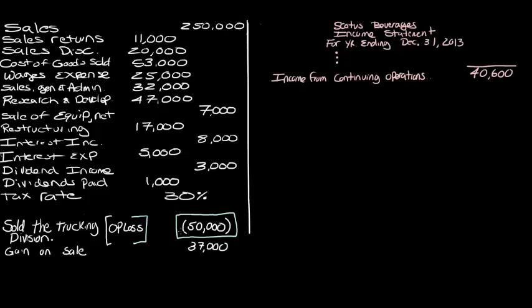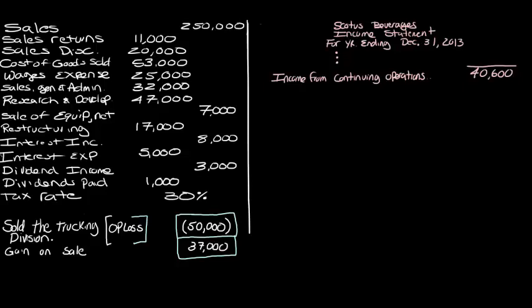The next piece then is when we actually sold it, we sold it at a gain. I don't need to know what it was on our books at this point. I just need to know I sold it for $37,000 more than was on my books. So what happens with this?